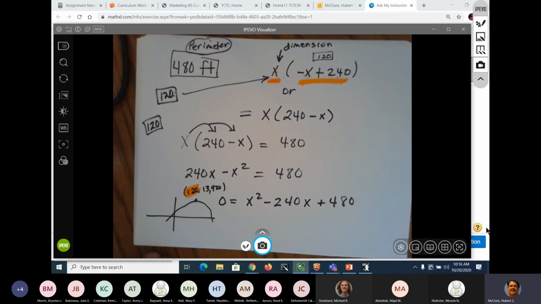This is the maximum. That's what that's finding. So take that 120 and plug it in here and here, and you get 120 times 120, which is the 14.4. Ooh, that was a little bit confusing.